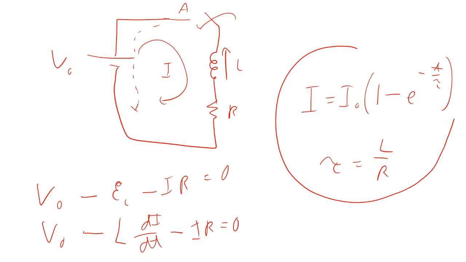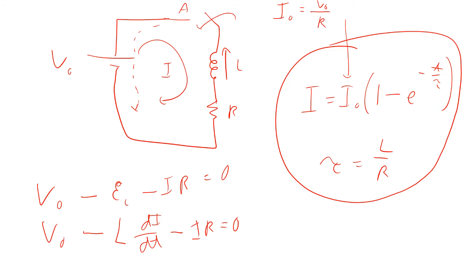So that would be the case where you are starting to have current go through the inductor. If you're trying to increase the current in the inductor, then this is what you get. The I naught in this case is not the initial I, it is the steady state I, after everything has settled down. So for this problem, I naught will be equal to V naught over R.